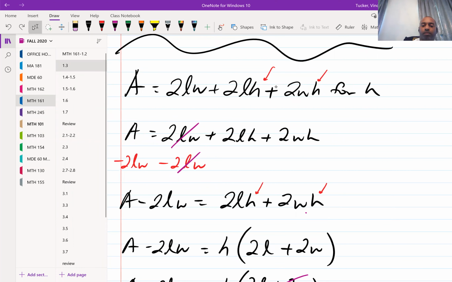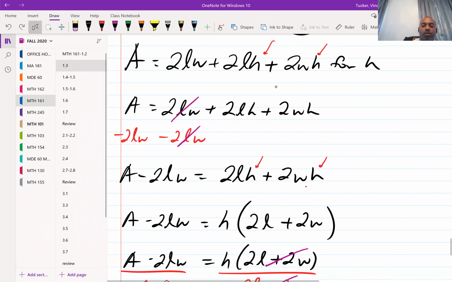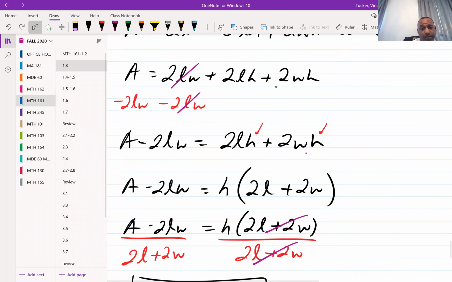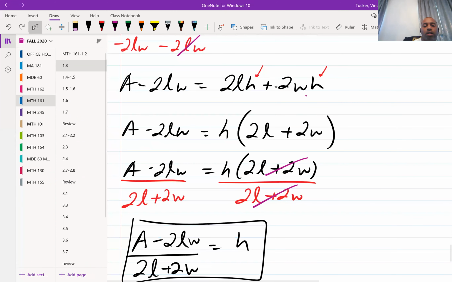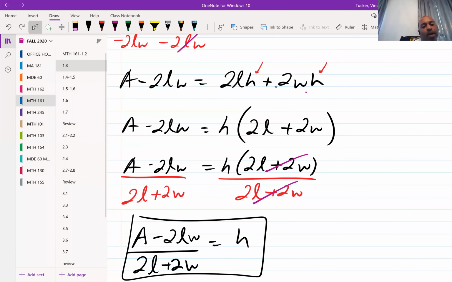Then we can divide both sides by 2L plus 2W, so we can get H by itself completely. And that's our answer: A minus 2LW over 2L plus 2W.